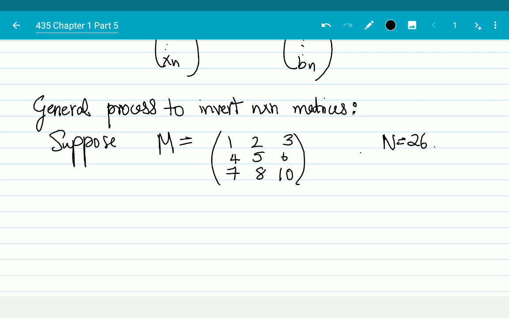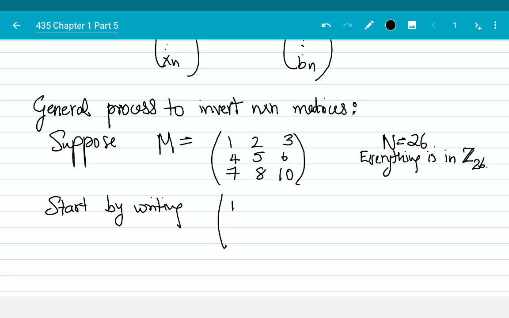So everything is in Z26. Okay, so what we do is start by writing the matrix as 1, 2, 3, 4, 5, 6, 7, 8, 10, 1, 0, 0, 0, 1, 0, 0, 0, 1.